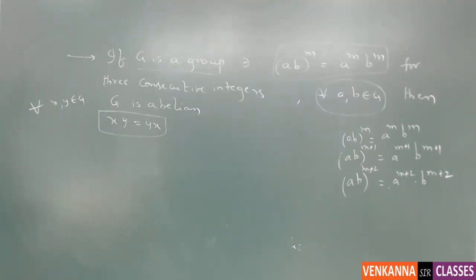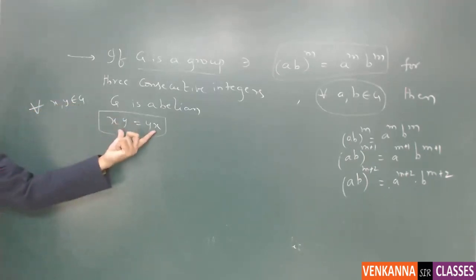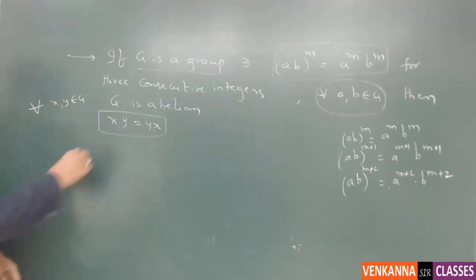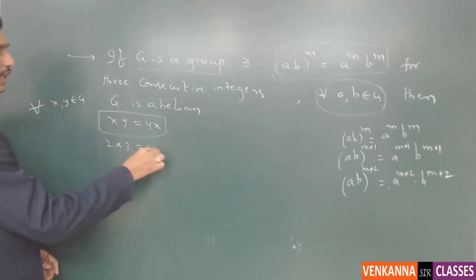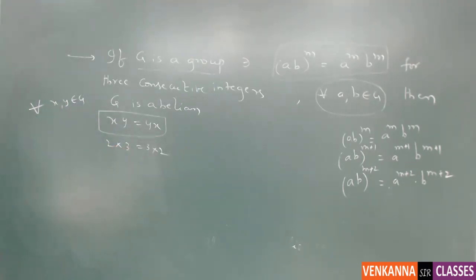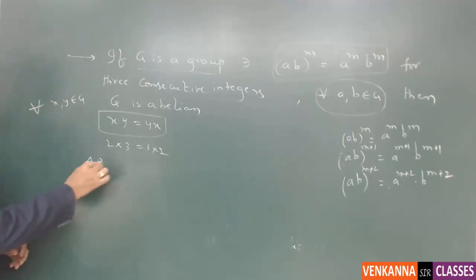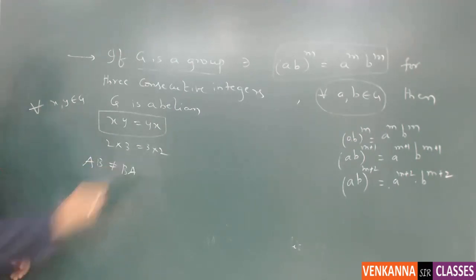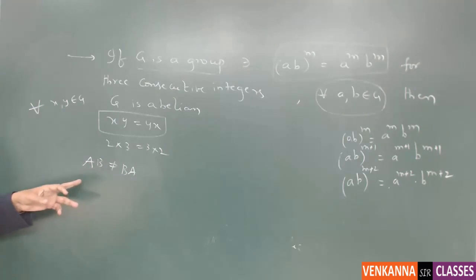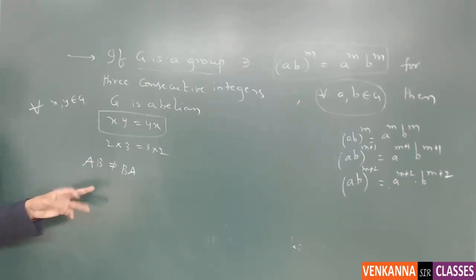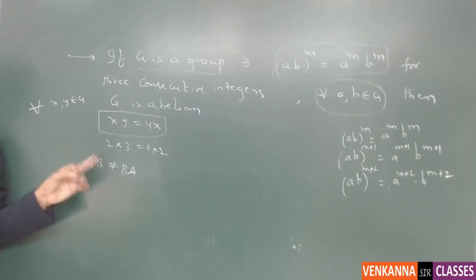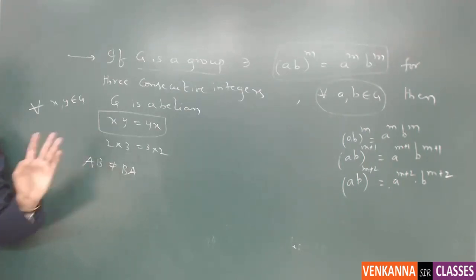Whenever you take any two elements in the group, they will exhibit this property, just like 2 into 3 is equal to 3 into 2. Please understand that for numbers it is okay, for matrices it is not. The properties we discuss in group theory are applicable for numbers, functions, polynomials, matrices, everything.